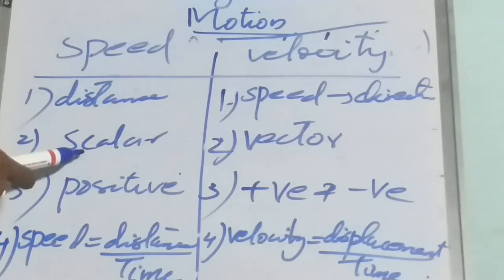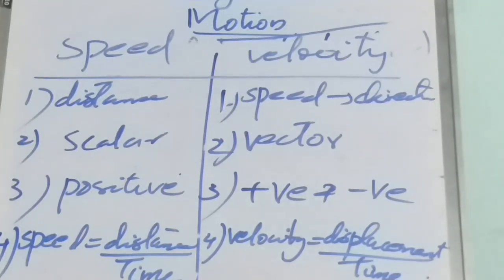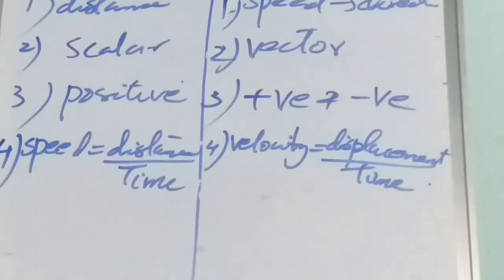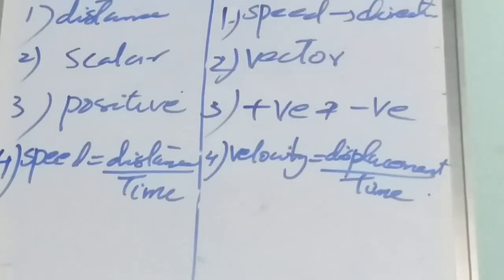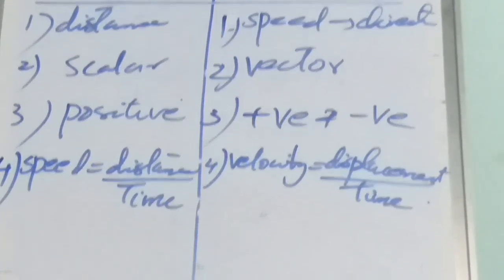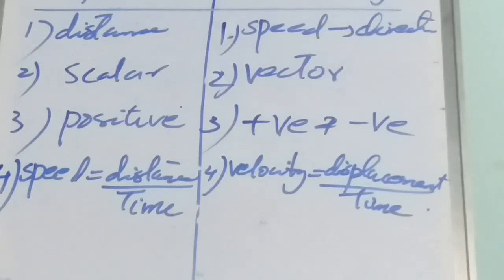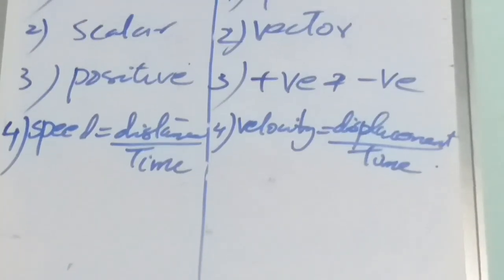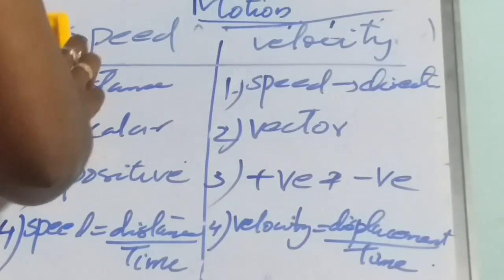Speed is a scalar quantity, velocity is a vector quantity. Speed is always positive, velocity is both positive and negative. Speed is distance by time, and velocity is displacement divided by time.